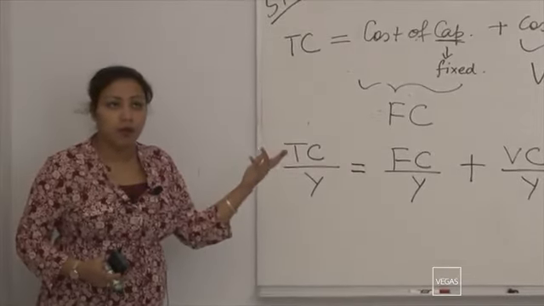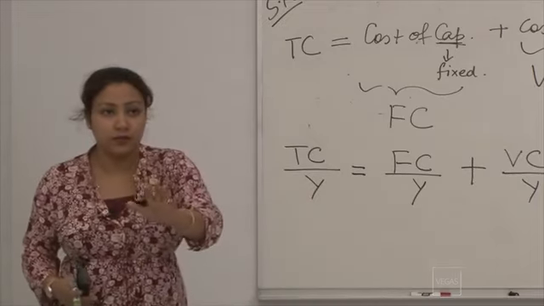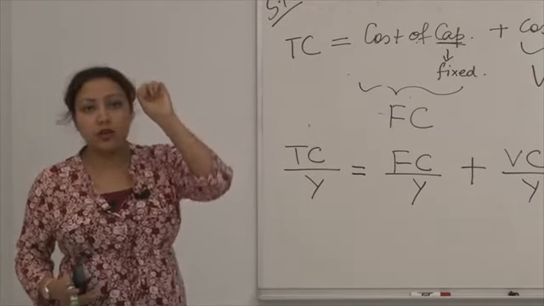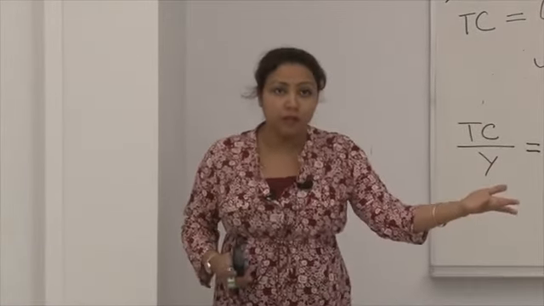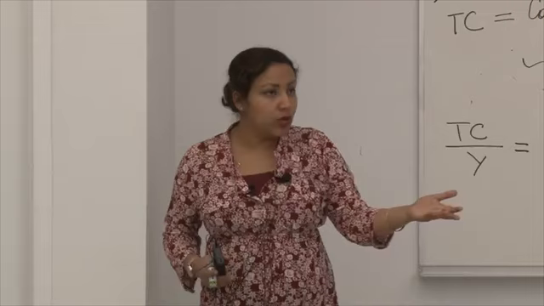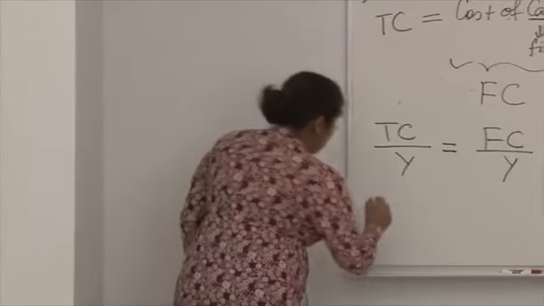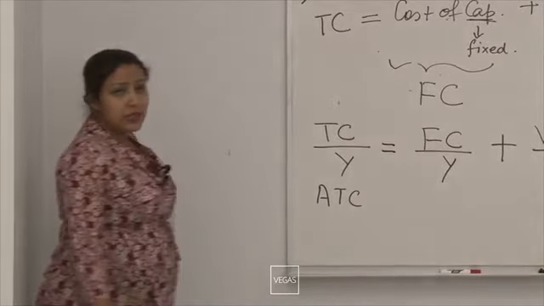Do you agree? All of you, if I say the total score of this class is 1000, what is the average score? You will take the total score, that is 1000, divided by the number of students, which is 23 in your class. That will give you the average score or the mean score, correct? So this is basically the average total cost, ATC.